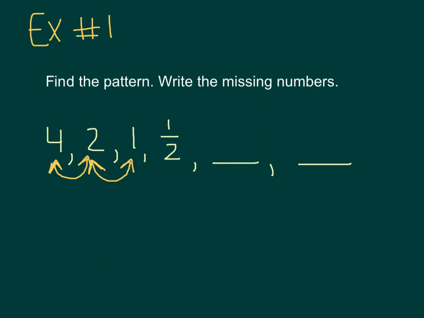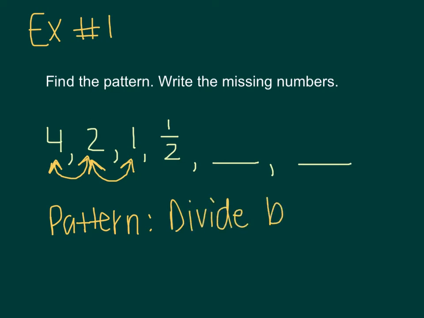So it looks like our pattern is to divide by 2. So now we need to fill in the next two numbers. So let's go from 1/2 and we need to fill in the next one.